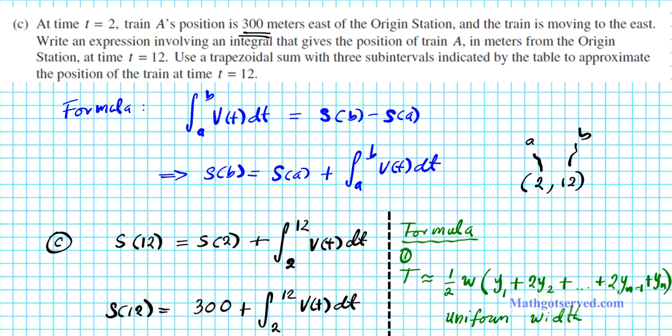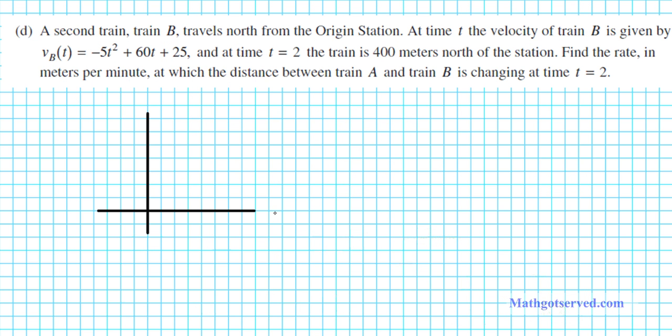Okay, so let's say this is the direction of train A, and this is the direction of train B. 300, let's say somewhere here. That's the position of train A, and then the position of train B is 400. You're told here 1, 2, 3, 4. So the distance between them is basically the hypotenuse of this right triangle here.